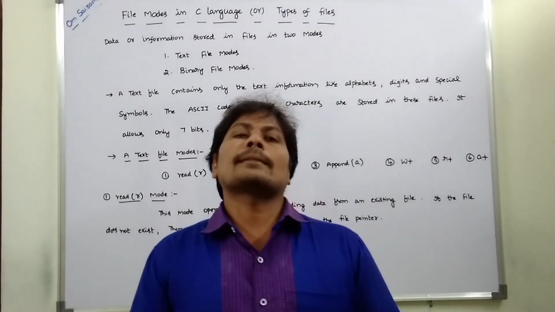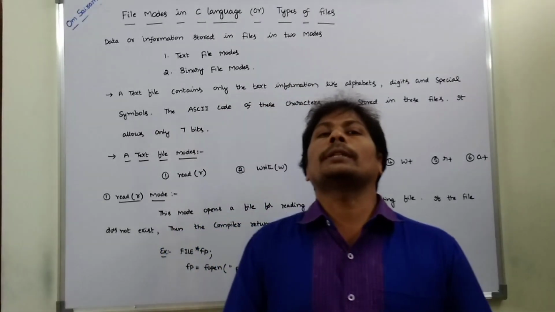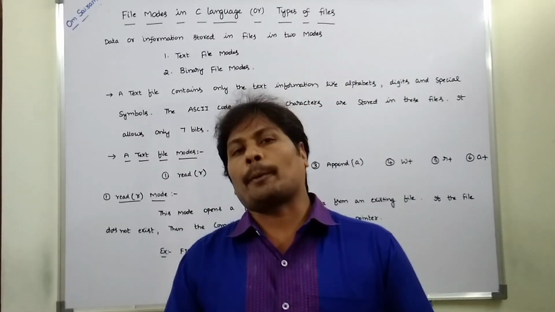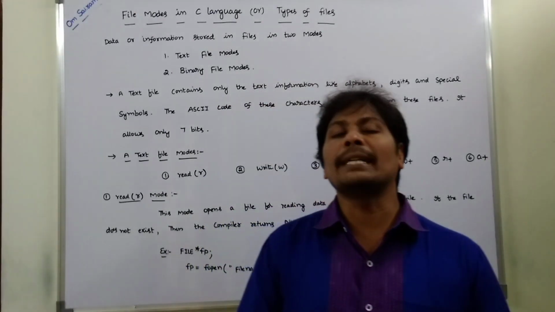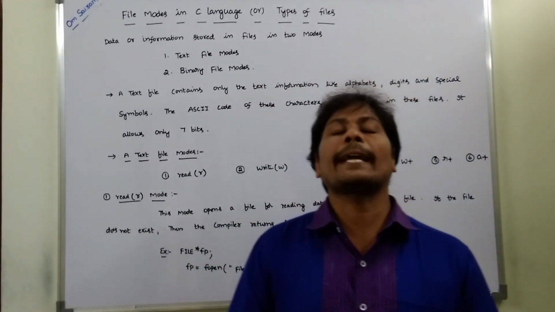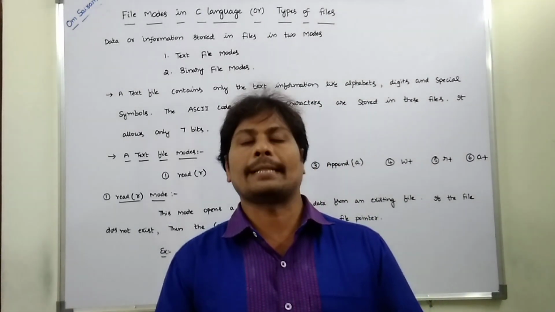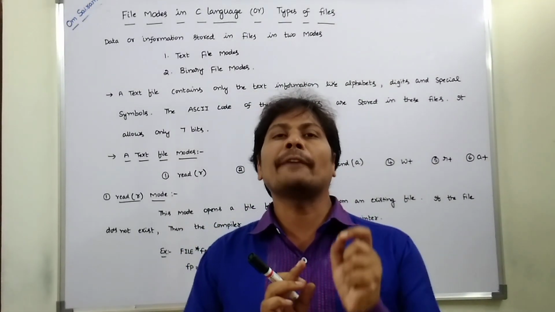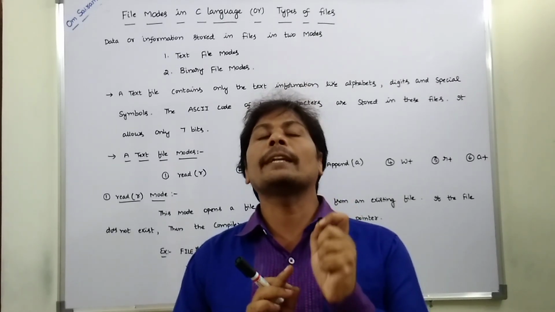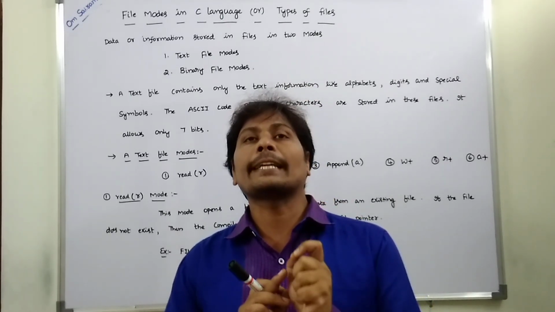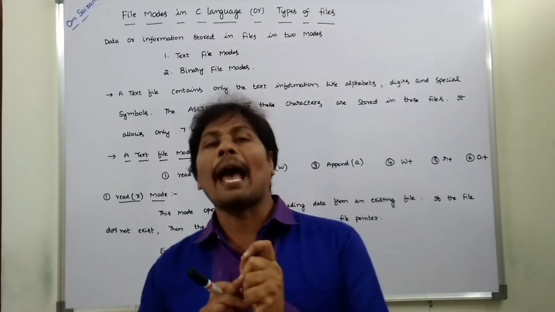In text files, the data can be stored using ASCII format. ASCII format contains only 7 bits. So each and every alphabet, each and every digit, each and every special symbol can be represented in ASCII form.